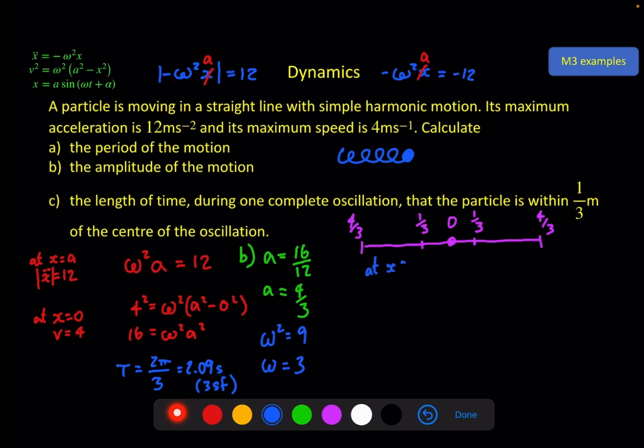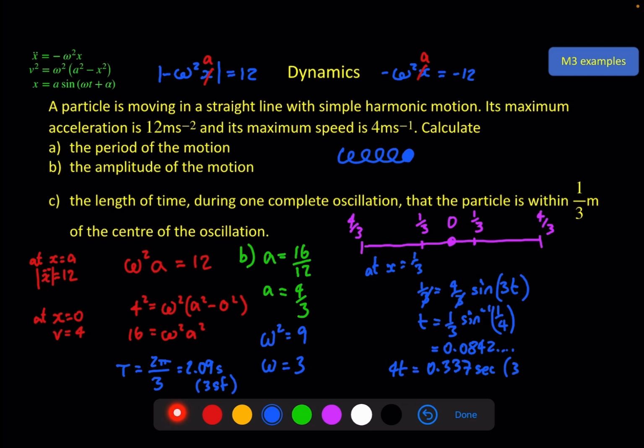So at x is equal to 1/3, we get 1/3 is equal to a, 4/3, sine of omega t, and we're starting the motion at the center here, so I'll use alpha is 0 again, so we've got omega, which we know is 3, times t plus 0, they cancel, so we get the inverse sine of 1/4, and then we have to divide that by 3 to get time, and that is 0.0842... So the time I actually want is 4 lots of t, and that is 0.337 seconds to 3 significant figures.